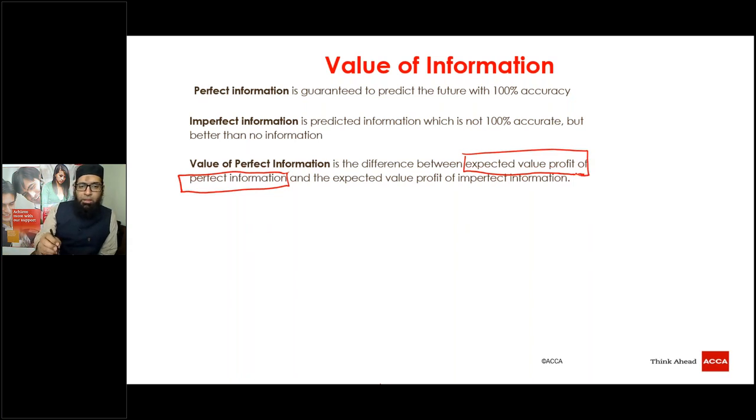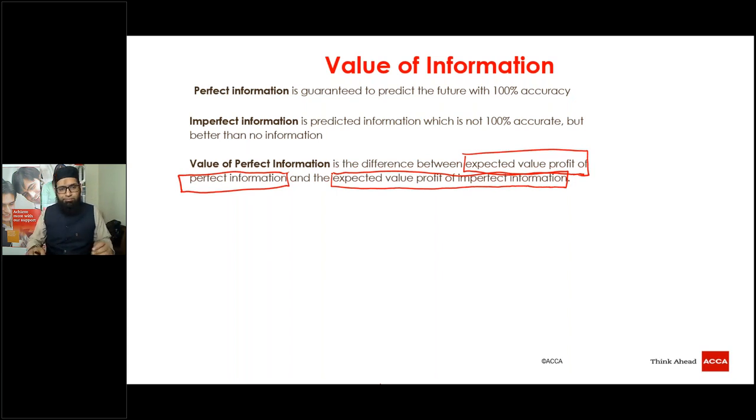Then we also require to calculate the expected value of profit of imperfect information. Once we calculate these two expected values, we will take the difference.